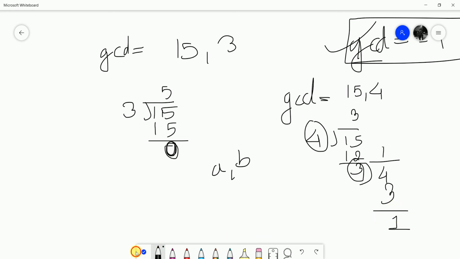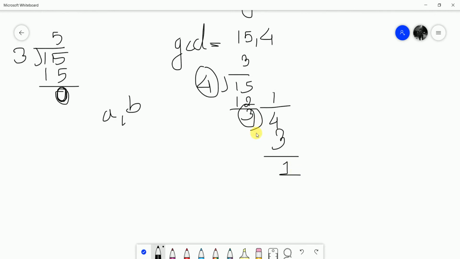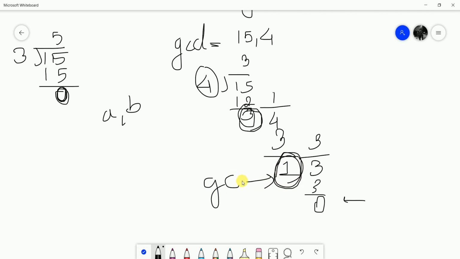And we go on until the remainder becomes 0. So now we divide 3 by 1, and here we get remainder 0. In this case, the value that we are dividing by is the GCD of the numbers.